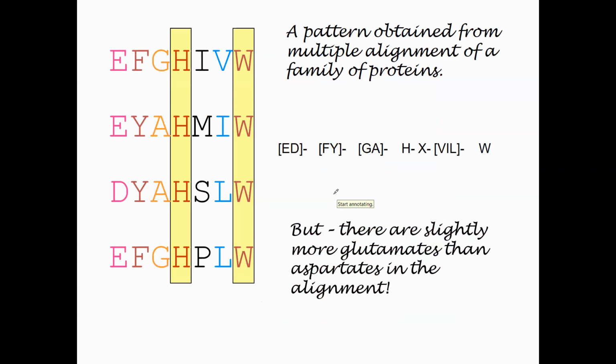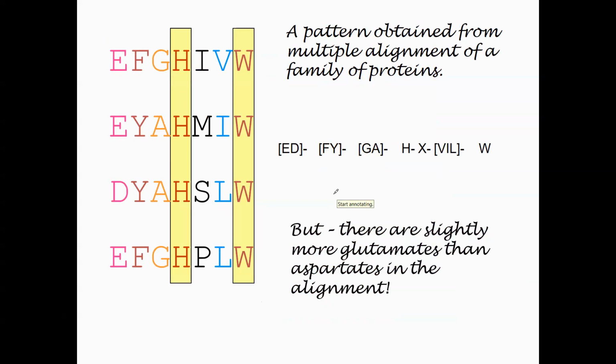Another aspect: there are slightly more glutamates than aspartates in the alignment. In this case, E is for glutamate and B for aspartate, so that is 3 out of 4 sequences.